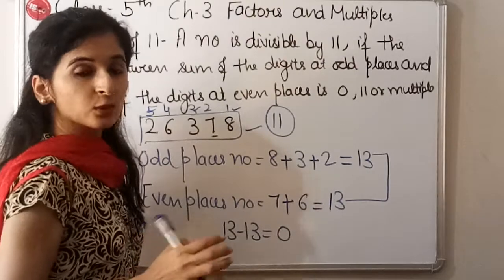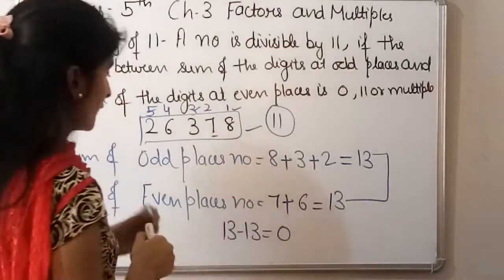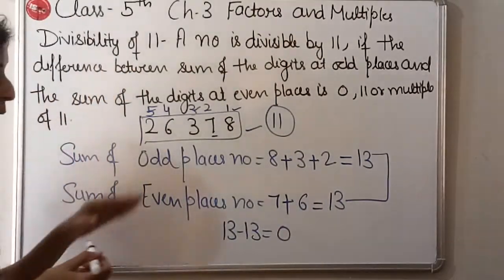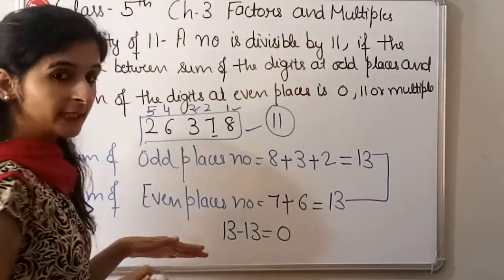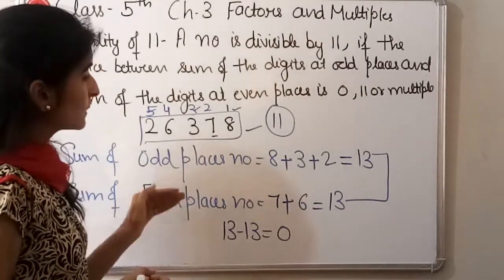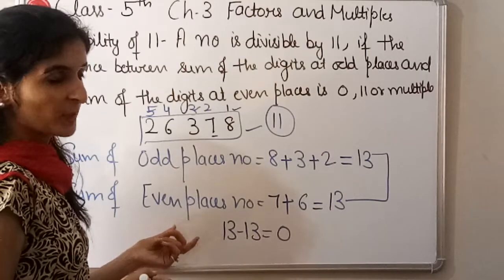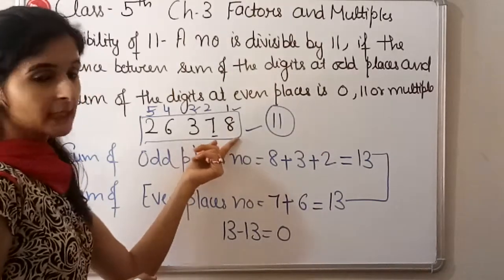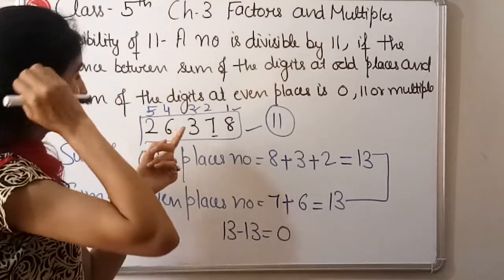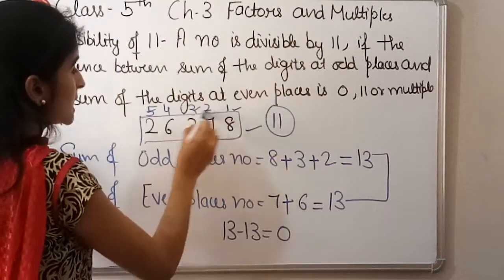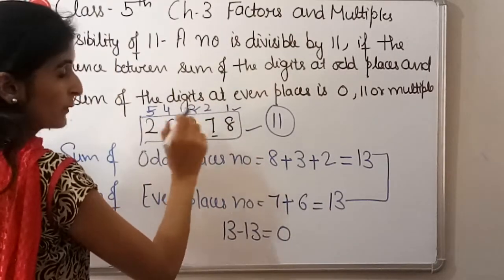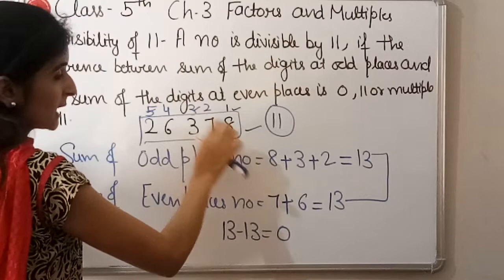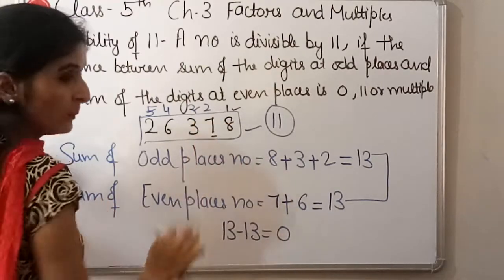Clear? So what are the steps here? First of all, we have to find out the odd places numbers and the even places numbers. We will start finding from the right hand side, and we will just write down the counting above, starting from the right hand side.